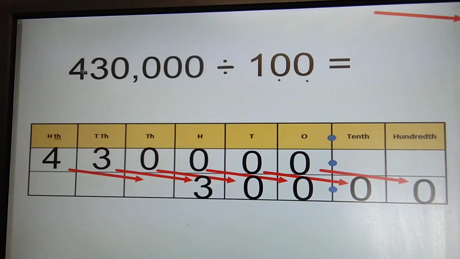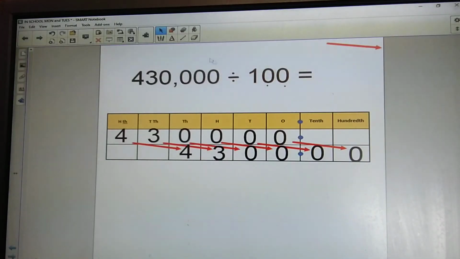And hopefully you agree with me that we end up with 4,300.00. So we can just record that as 4,300 because we have nothing of any value after the decimal point.